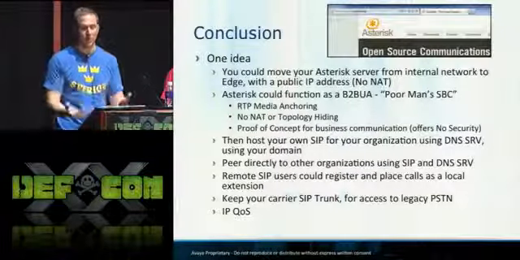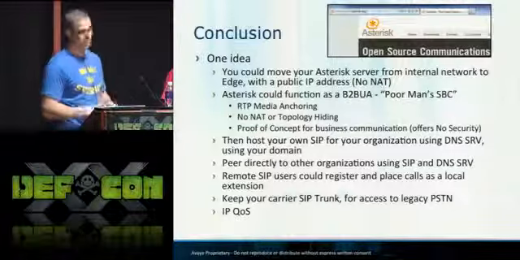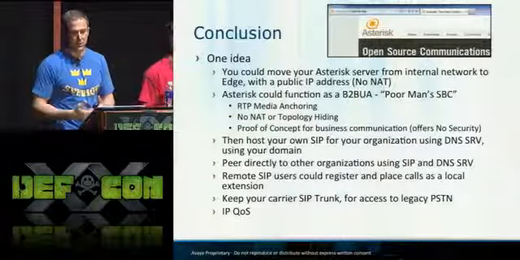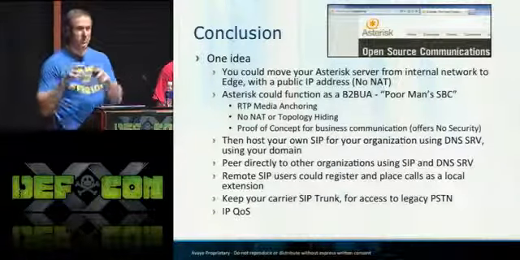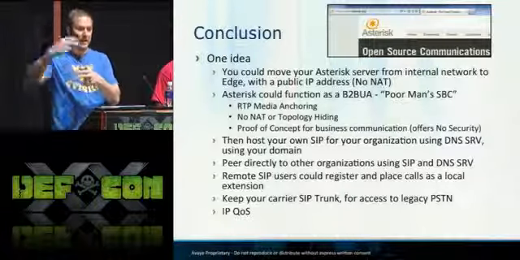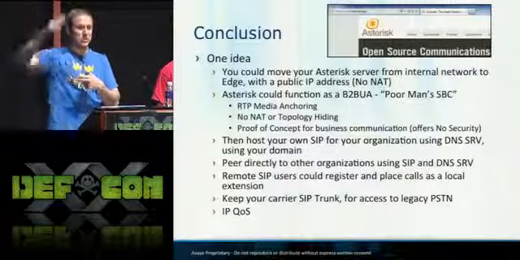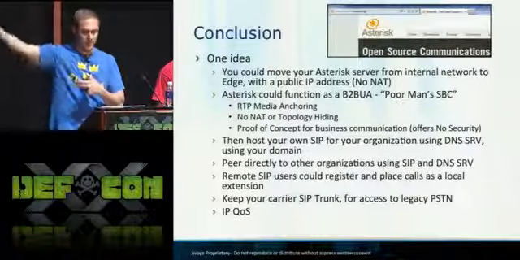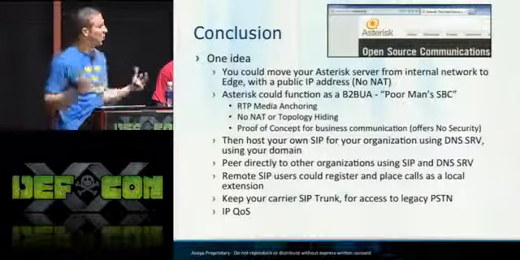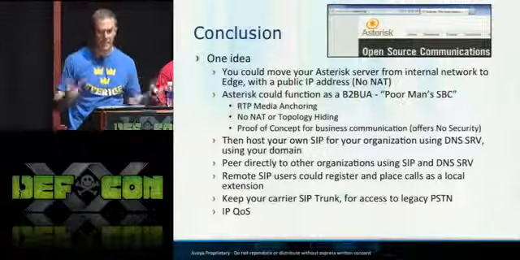It becomes a B2B UA, a back-to-back user agent. All your SIP user agents register to Asterisk, and Asterisk will terminate the connection with the media and reinitiate it to a remote peer, another Asterisk server. So it's what's called a poor man's SBC. It's a back-to-back user agent.